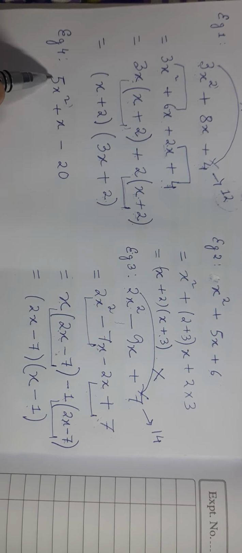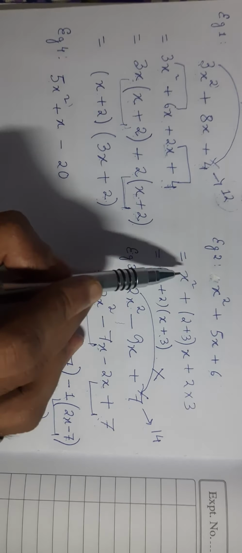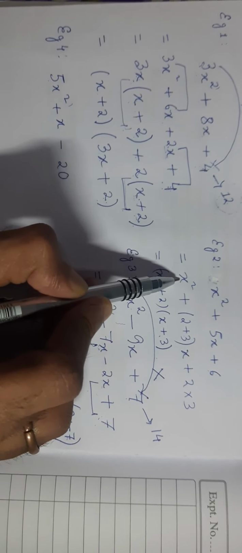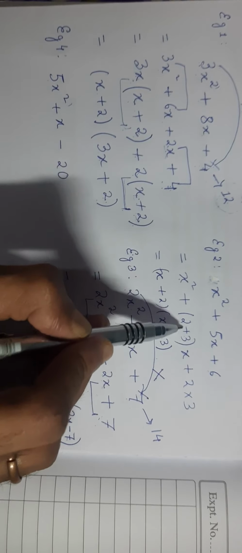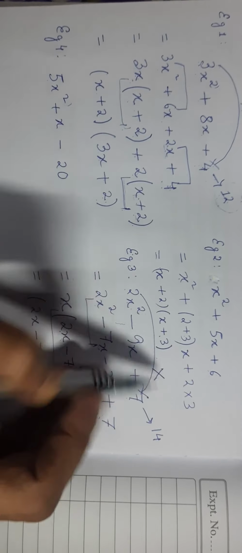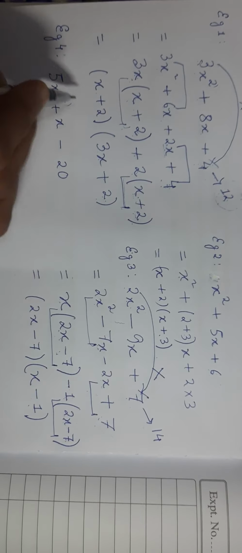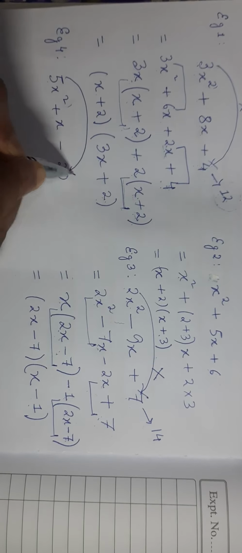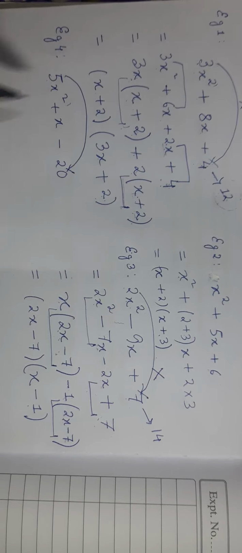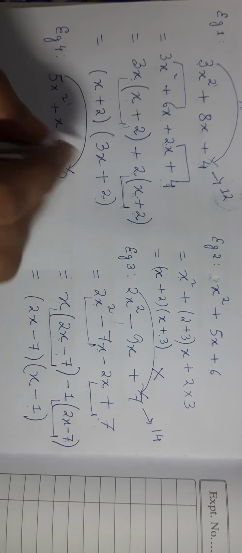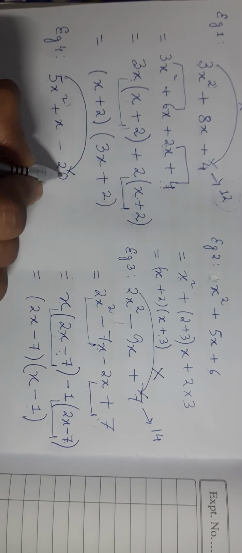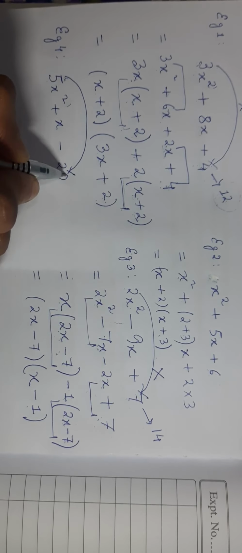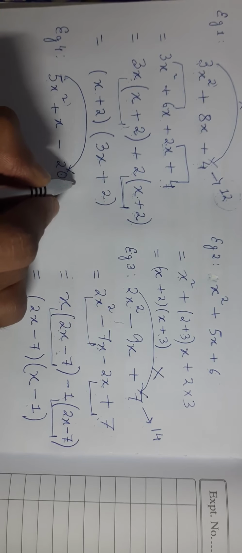That means here also I cannot apply the fourth identity or formula which we have seen so far, x square plus a plus bx plus ab. So the coefficient of x square here is 5 and the last term is 20. I'll multiply 5 and 20. 5 20s are 100.